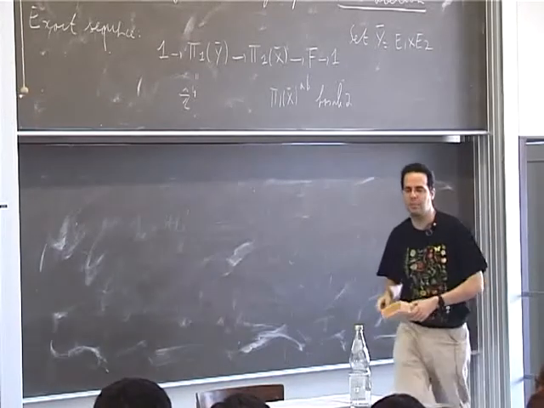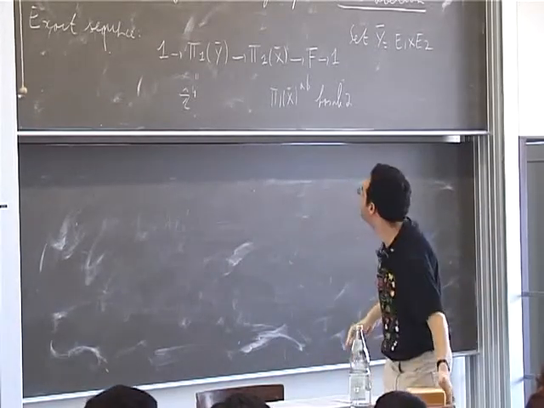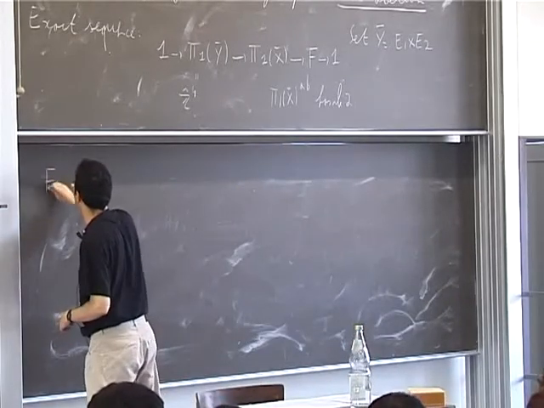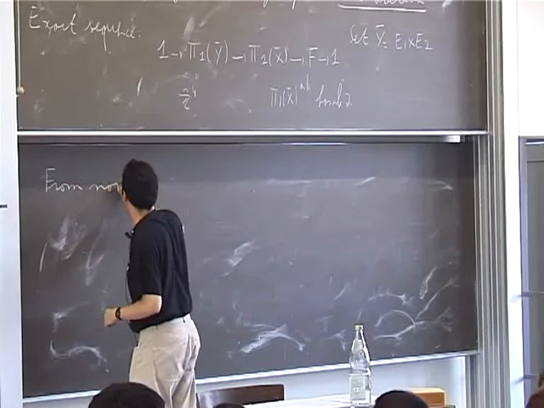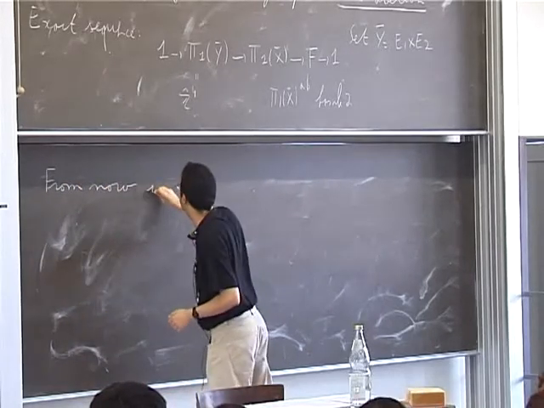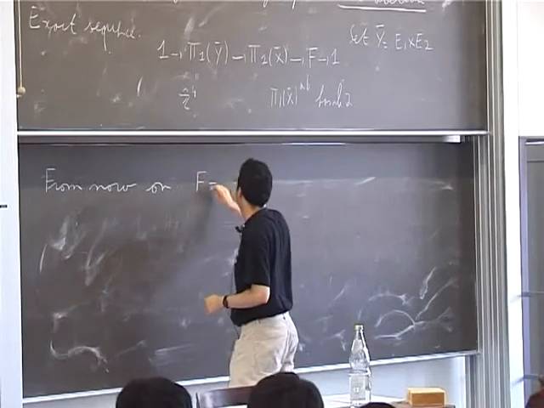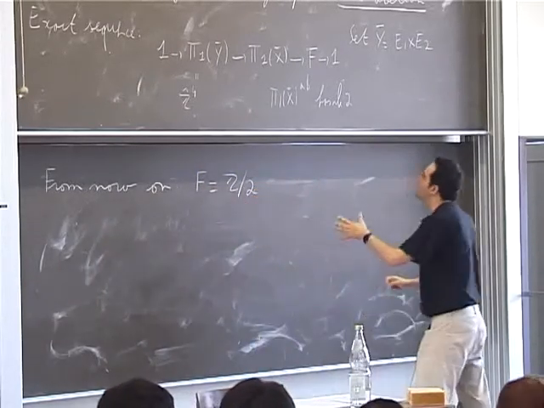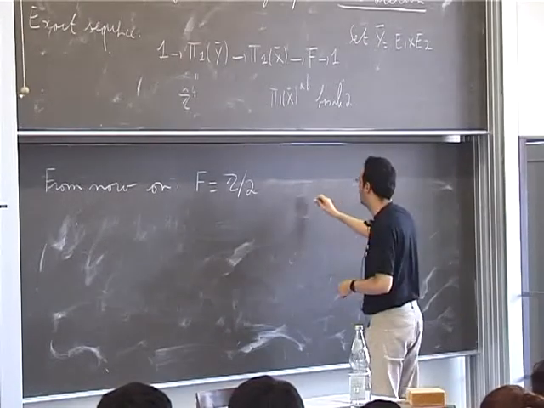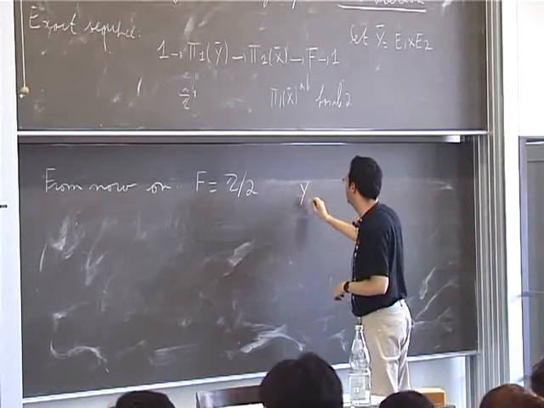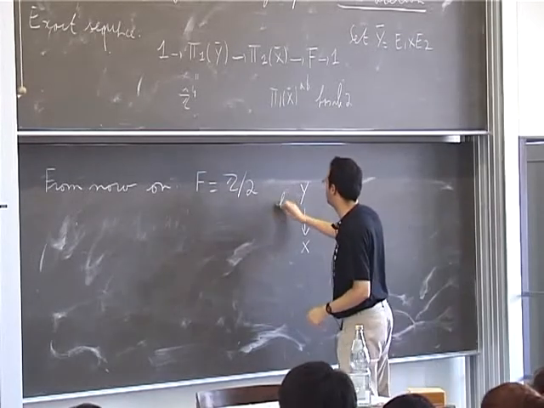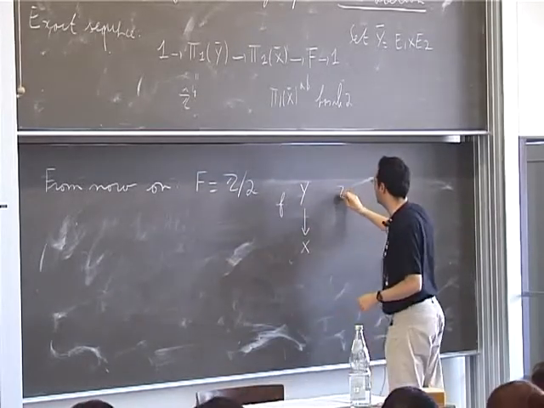So to make things simpler, now I'm going to assume that the group F is just Z mod 2. This is one special case of bielliptic surface. So this means that you will have a Y over X like this: a Z mod 2 étale covering.